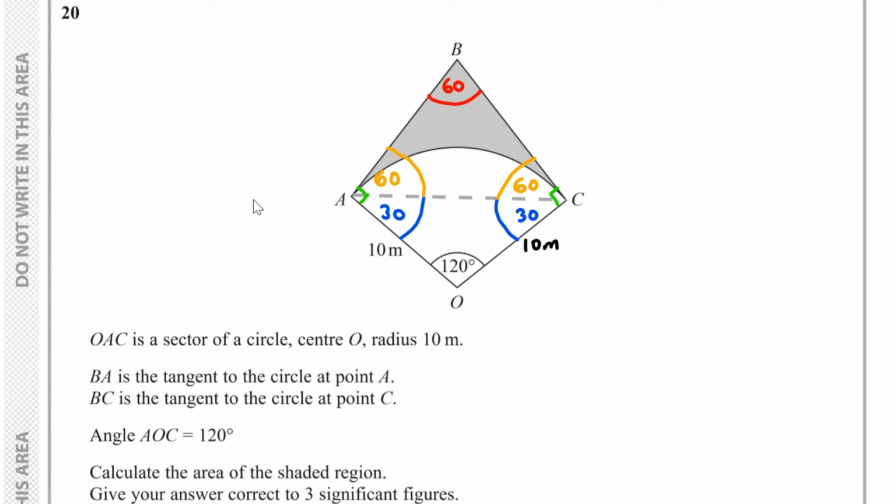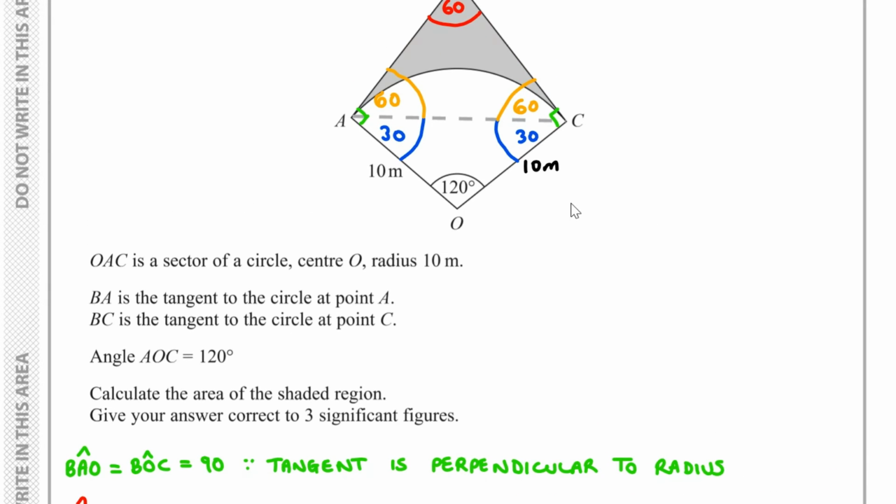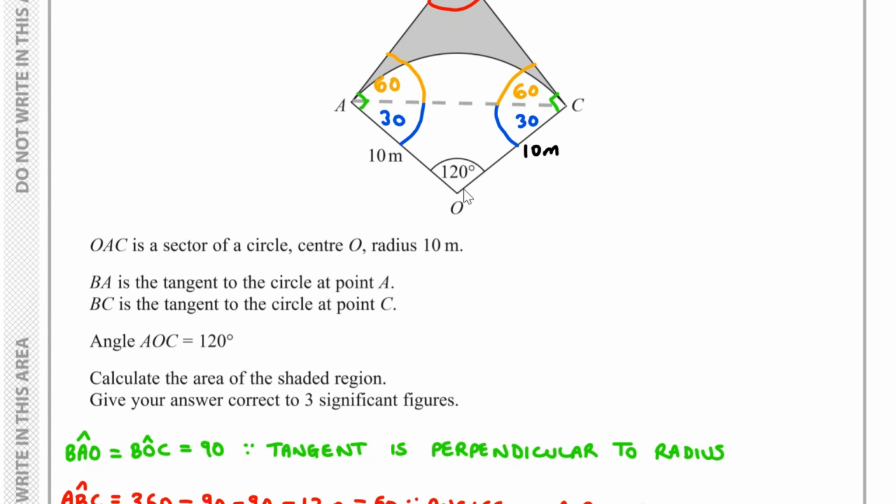Now we can actually find out what AC is using the cosine rule. We've been given two lengths and an angle in between those.